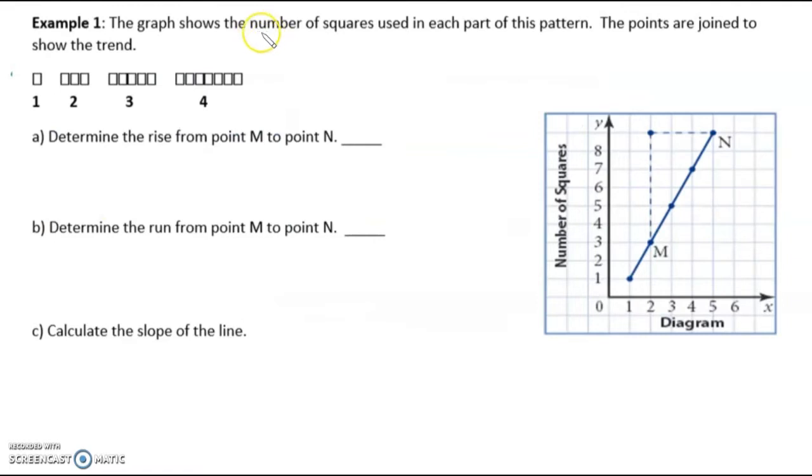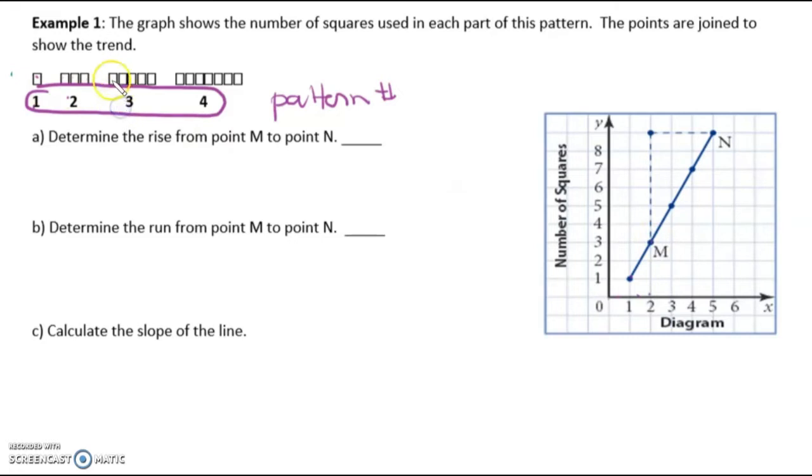Example 1, the graph shows the number of squares used in each part of this pattern, and then the points are joined to show the trend. A lot of times we'll use this as the pattern number. Pattern number 1, we have 1 square, so 1 comma 1. Pattern number 2, we have 3 squares, so 2 comma 3.